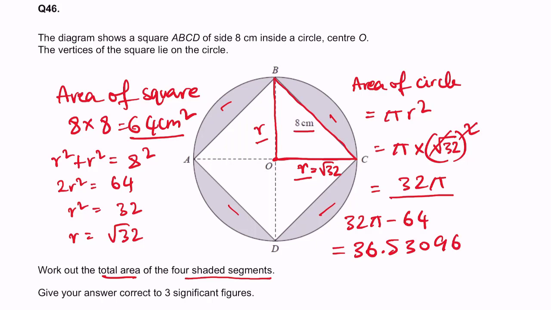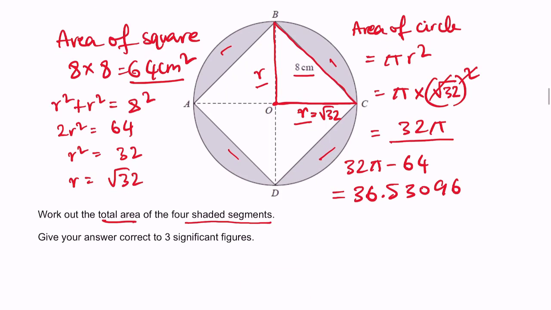And let's check the answer. It gives you an answer in 3 significant figures, so rounded to 3 significant figures, 1, 2, 3, that would be 36.5 centimeters squared.